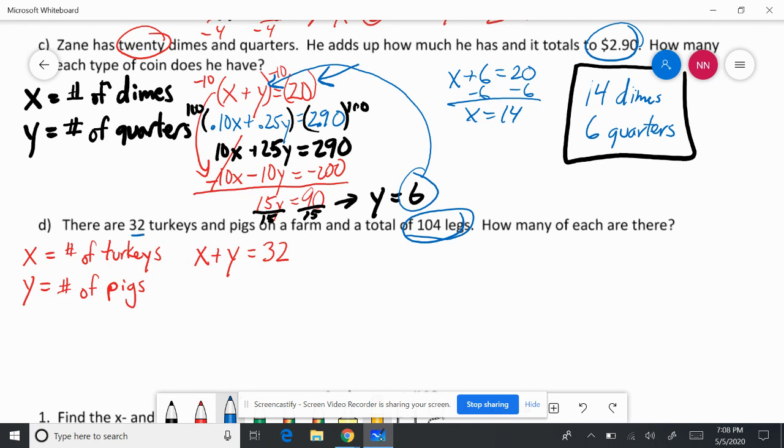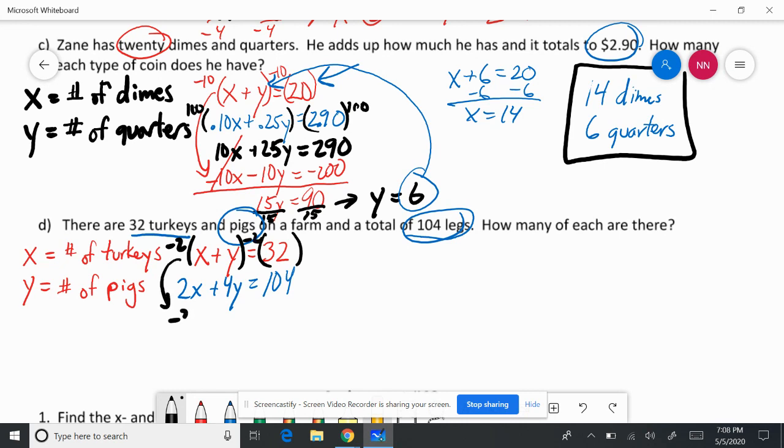Well, you have to know that a turkey has 2 legs, so 2x. A pig has 4 legs, so we say 4y. That's equal to 104. Once again, in order to solve this, what we need are opposites. So I'm going to multiply this top equation by -2.